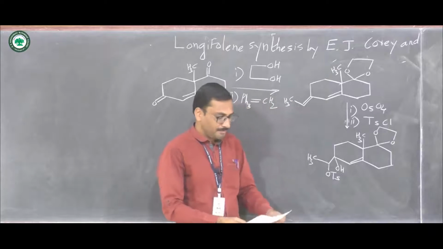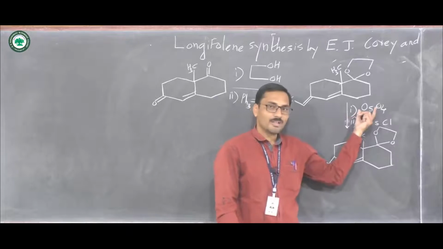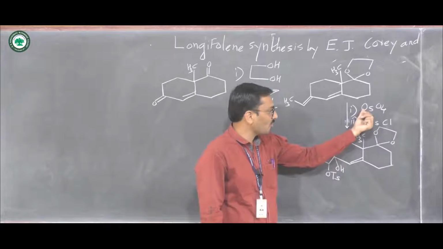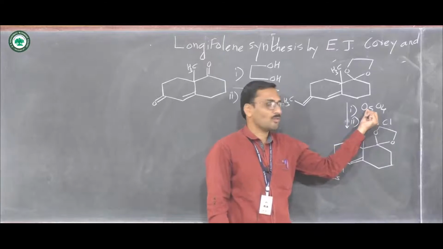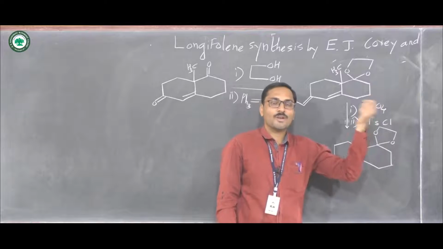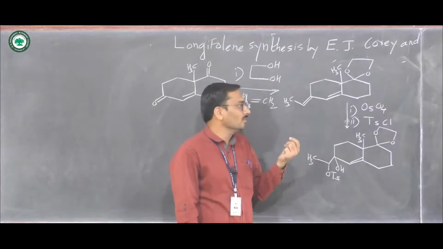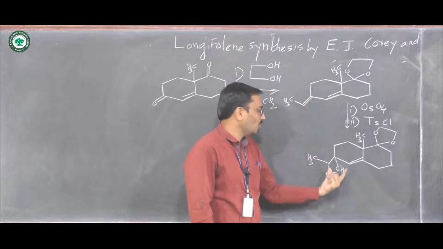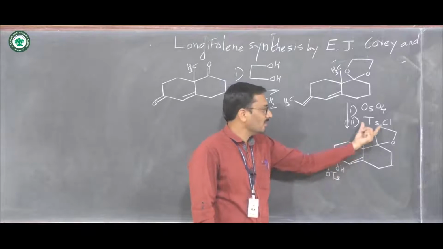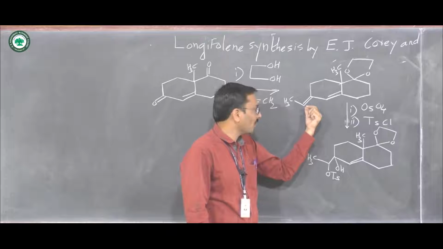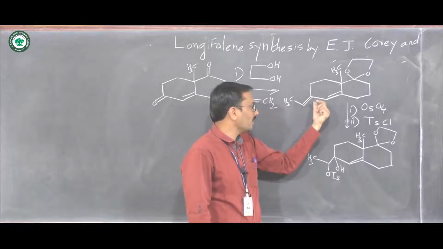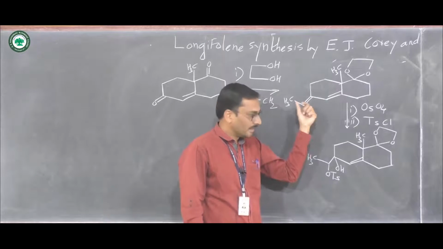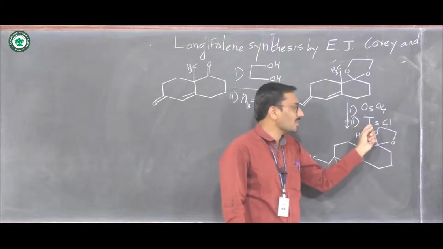Look at the next step. Here in the first step we use osmium tetroxide, OsO4. This is a well known oxidizing reagent. This reagent converts the double bond into a diol. So there is formation of OH here and OH here. In the next step we use tosyl chloride.